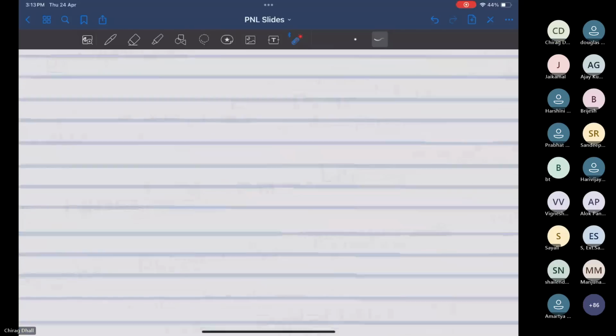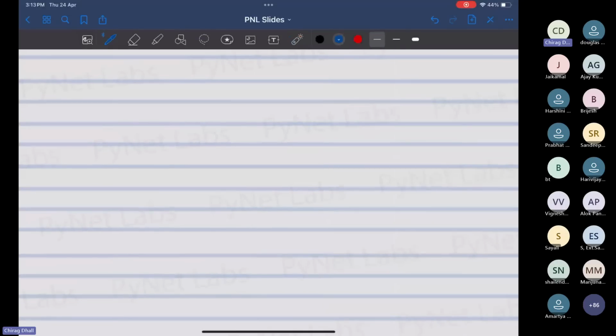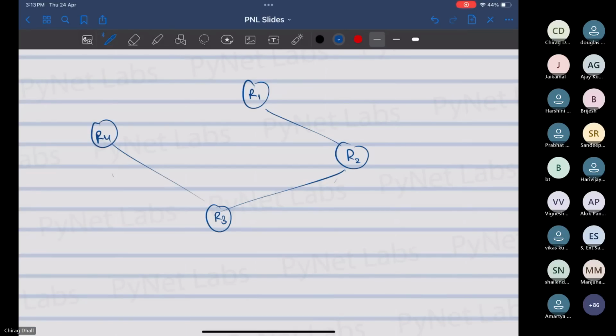Now, the assignment that I gave you yesterday had four routers, R1, R2, R3, and R4. And each router is connected to one subnet, right?